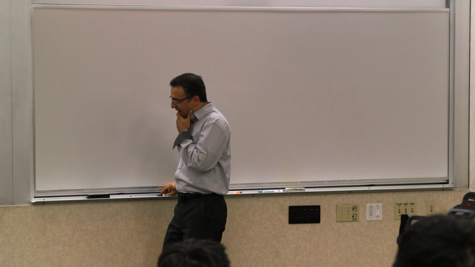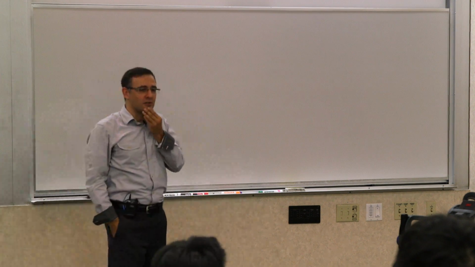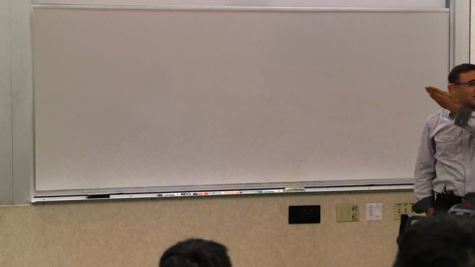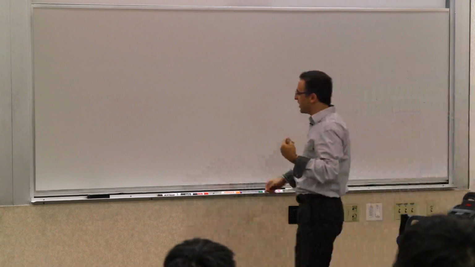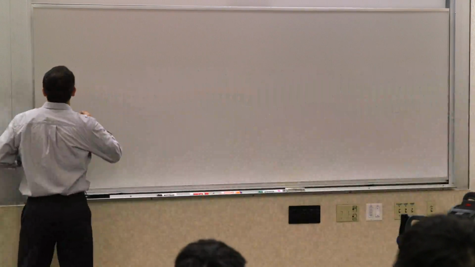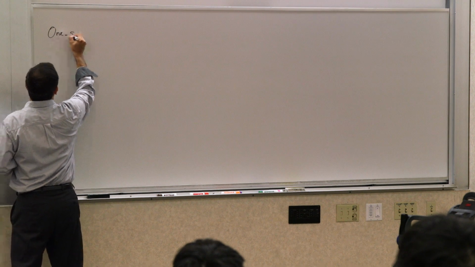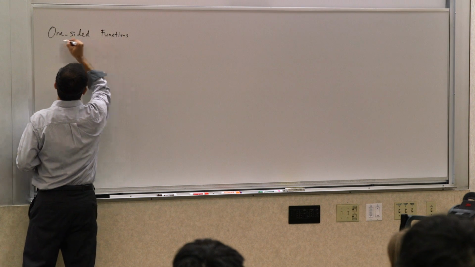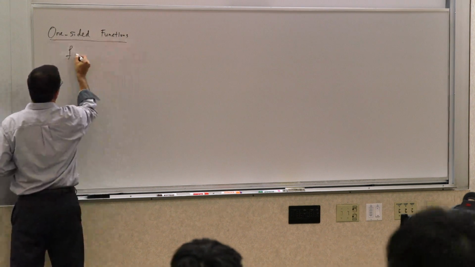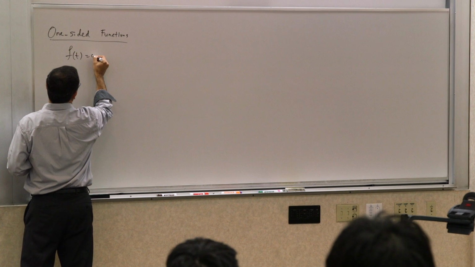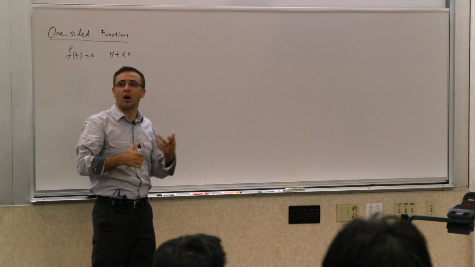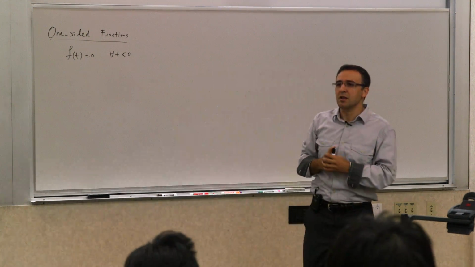Now we are going to start thinking about one-sided functions. You've seen a lot of one-sided things, and u of t is one-sided. So what do we mean by one-sided? One-sided functions are those whose value, f of t, is 0 for all t smaller than 0, like u of t, like r of t, right?